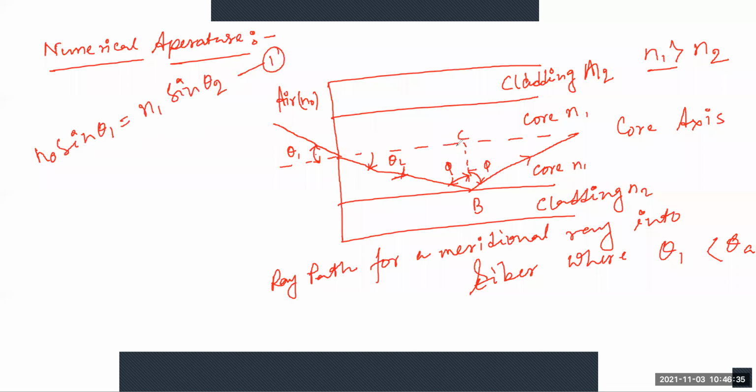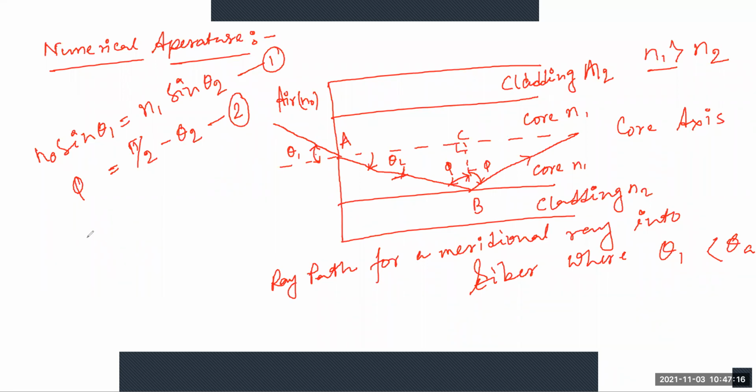Here you can see this is a right angle triangle, A, B, and C. So from this figure, phi equals pi by 2 minus theta 2. This is equation number 2, where phi is greater than the critical angle at the core cladding interface.